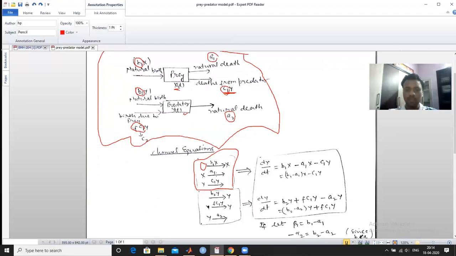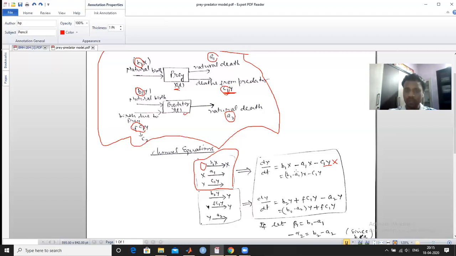Second term, x appears on the left-hand side, so a negative sign; the rate is A1 multiplied by the concentration X. Then minus sign again, the rate is C1Y, multiplied by the concentration X.